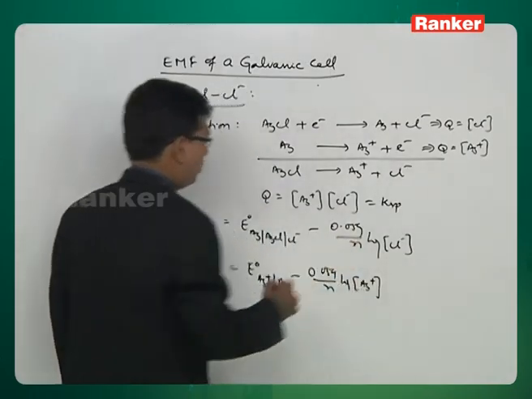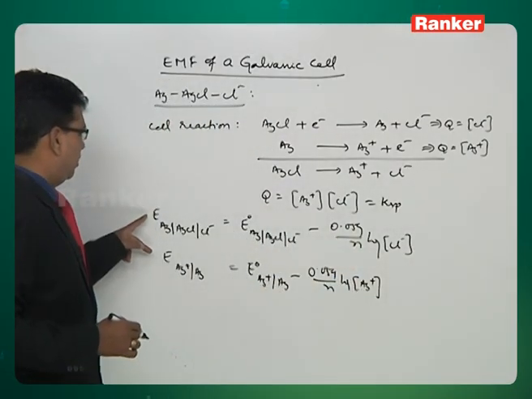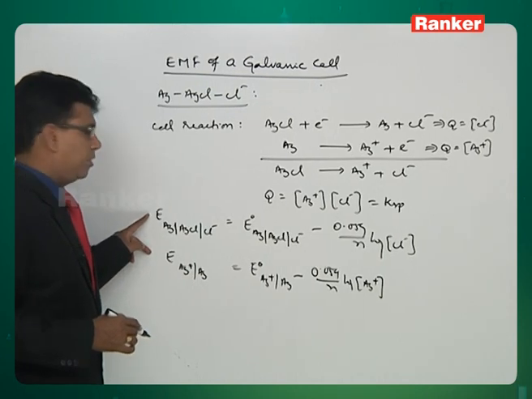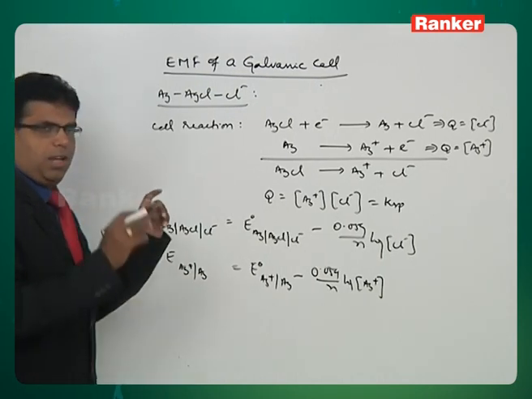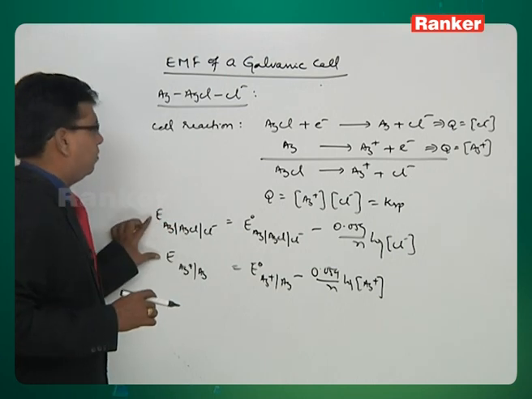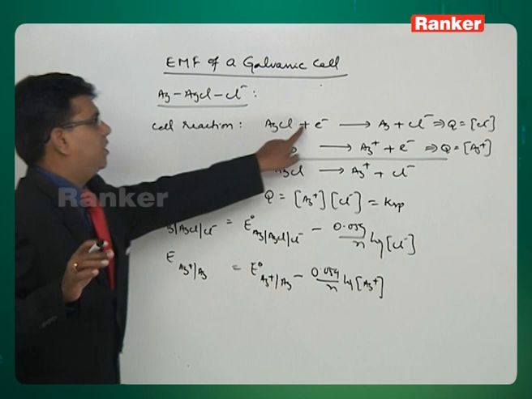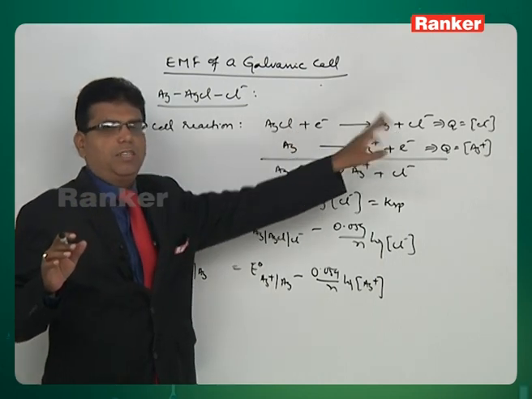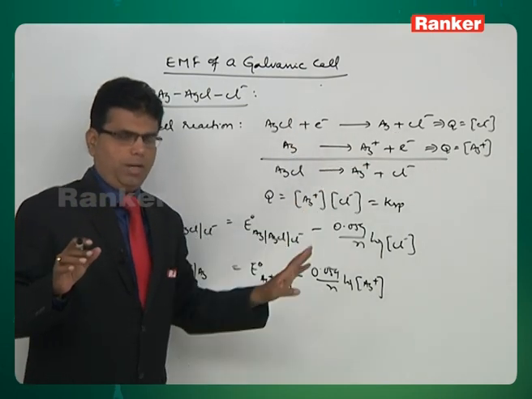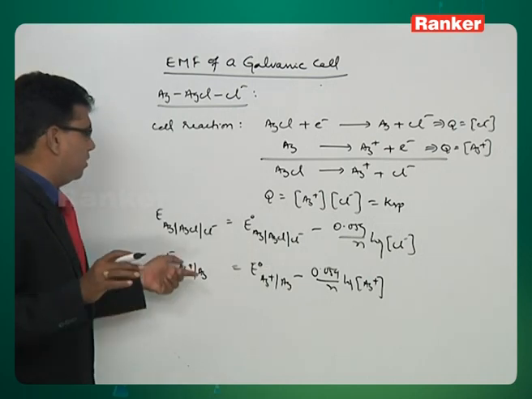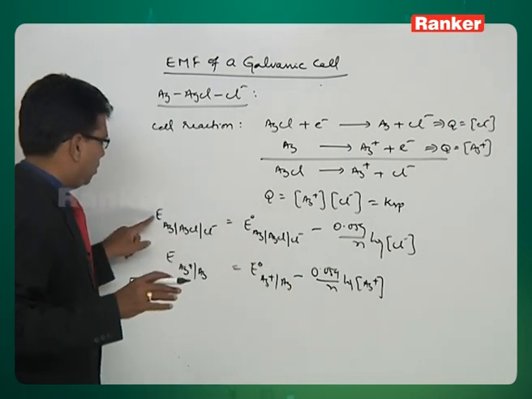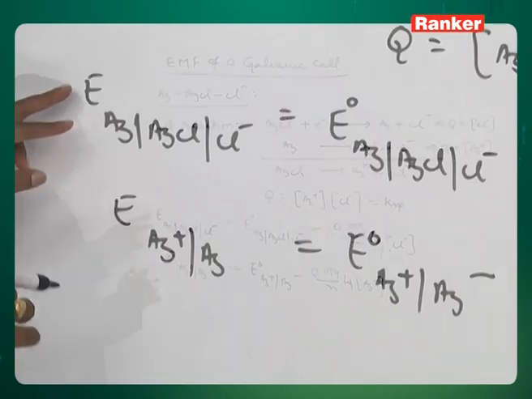These are the two half reactions of the same galvanic cell, in which one of the half cells is a metal insoluble salt anion electrode.